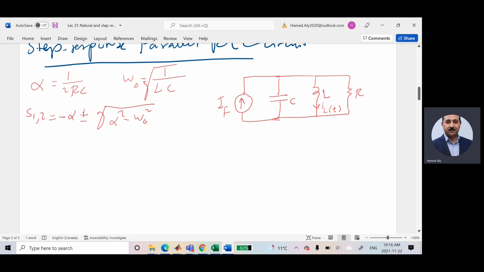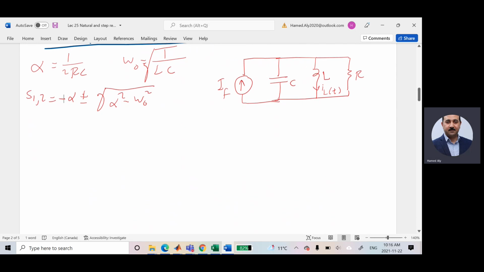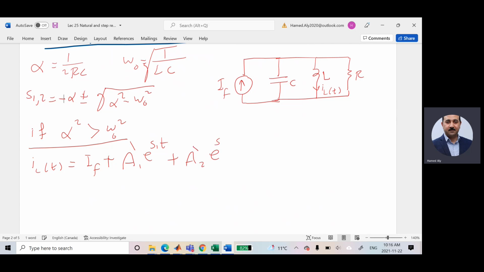And then I can choose one of three cases. If alpha squared is greater than omega naught squared, this is the first case, iL of t should be equal to iF plus A1 prime times e to the power S1t plus A2 prime times e to the power S2t.